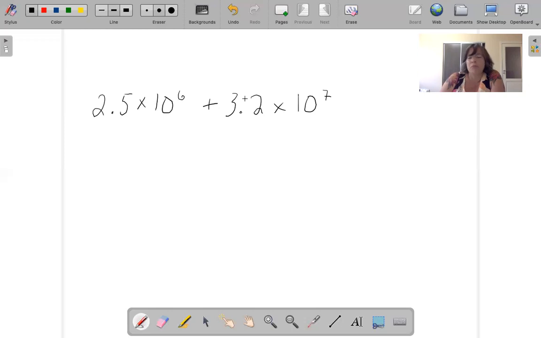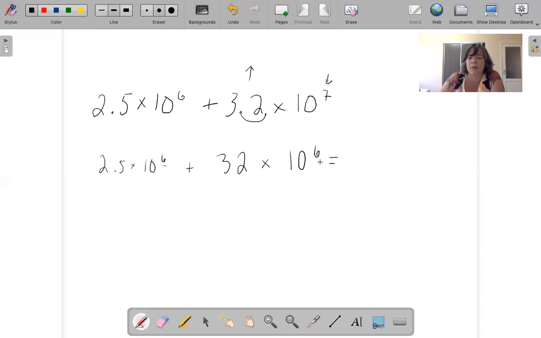You know what? Let's make this one smaller. So as this one goes up, this one goes down. So 3.2 times 10 to the 7th, I move the decimal over once. I've got 32 times 10 to the 6th.